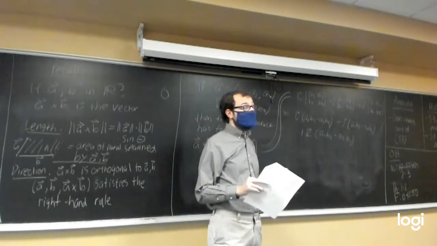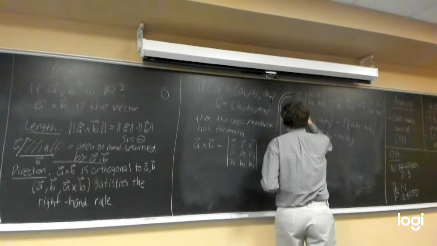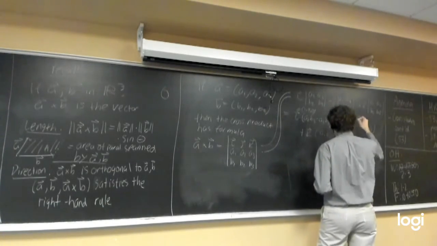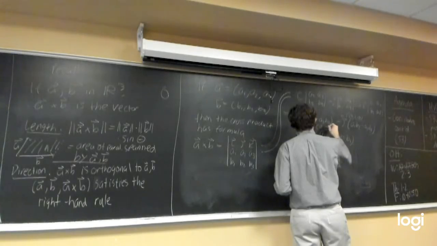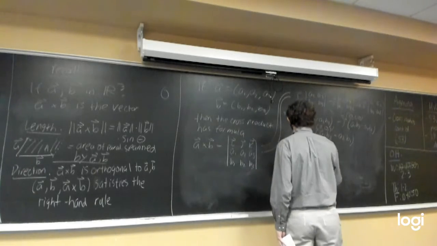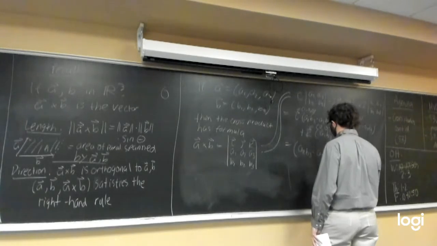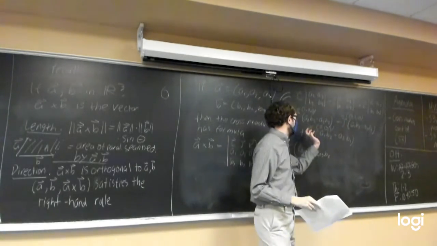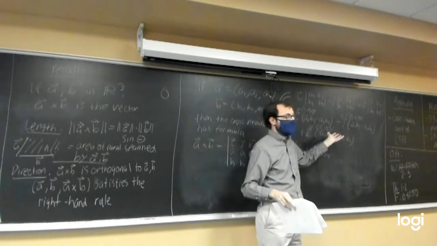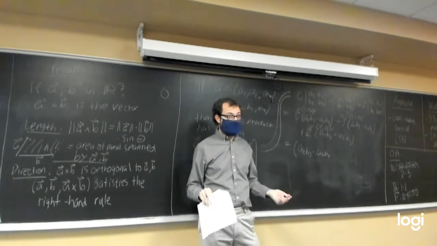And this is something we should be able to simplify and write as a single vector, keeping in mind that the vector i is 1, 0, 0, vector j is 0, 1, 0, and vector k is 0, 0, 1. What this comes out to is a vector whose first coordinate is A2, B3 minus A3, B2. When you do these vector scalar multiplications, they have a first coordinate of 0, so it's only the first vector that affects the first coordinate of the sum.